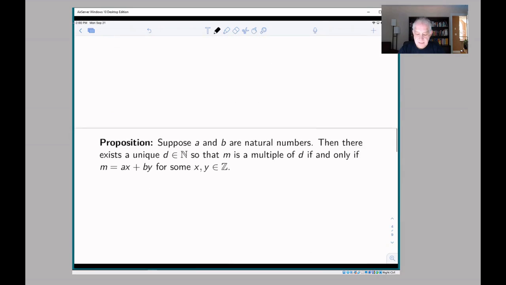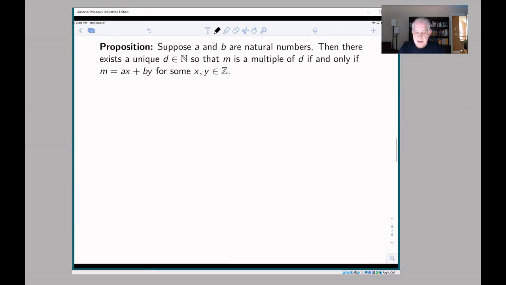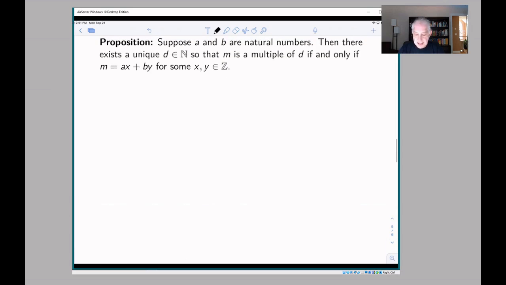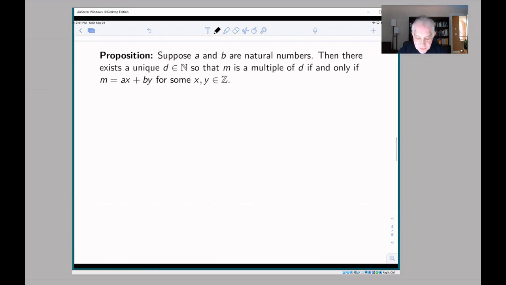So let's try to prove this. As I said, a lot of the ideas are already in our discussion of Euclid's algorithm. So we have to do two directions. We have to show first, as I mentioned, that there is a D, and then for that D, we have an if and only if statement.